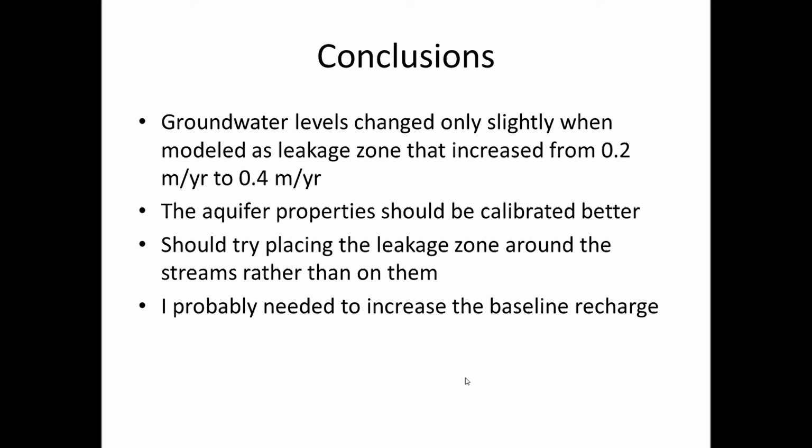I should maybe try placing the leakage zone that represents the trees around the streams rather than on top of them and around them. That might have affected the streams in a weird way. And another thing I could try would be to increase the baseline recharge.